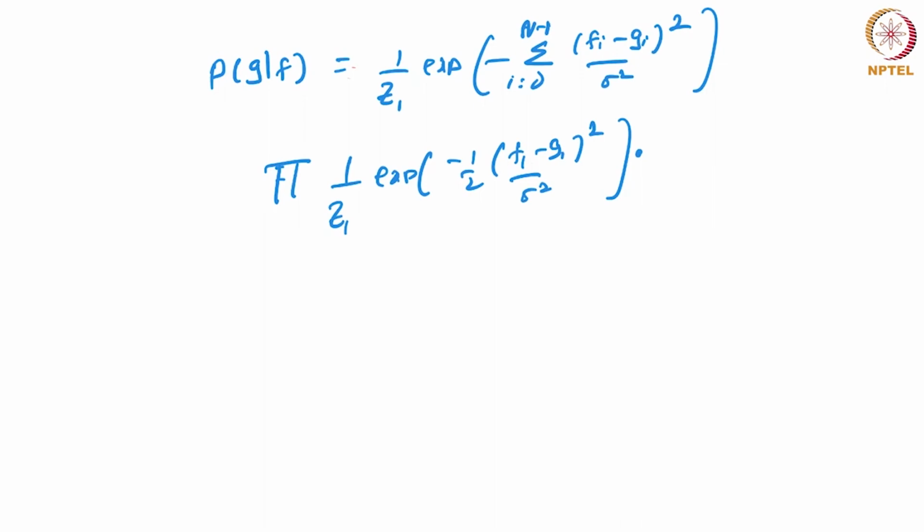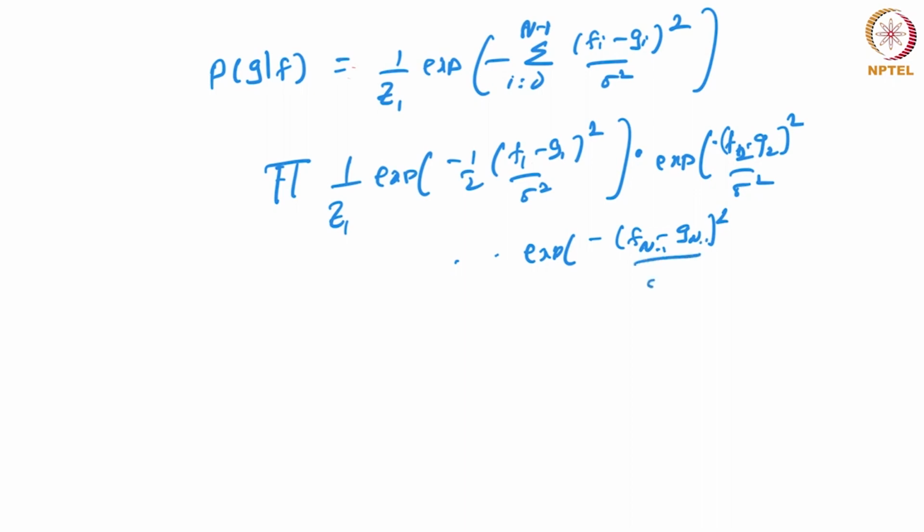So this is for pixel 1. Similarly, you can write this for pixel 2, again not considering the other factors: f2 minus g2 squared by sigma squared, and of course we assume sigma is the same for all of the pixels. Like that, you can go all the way to minus fn minus g of n, in this case n minus 1, squared by sigma squared.